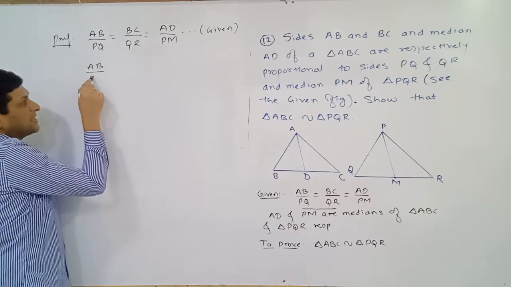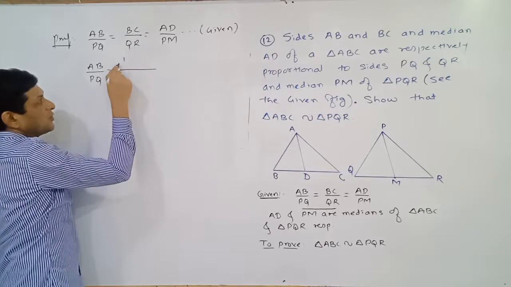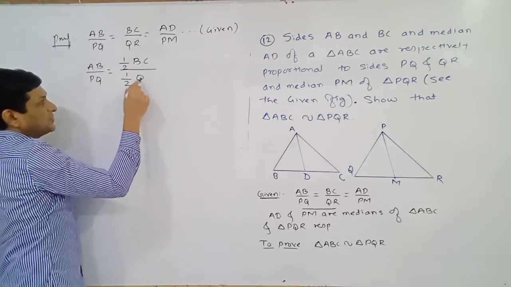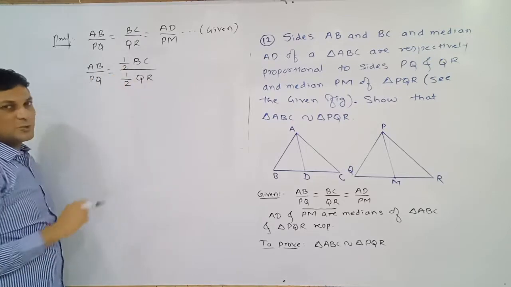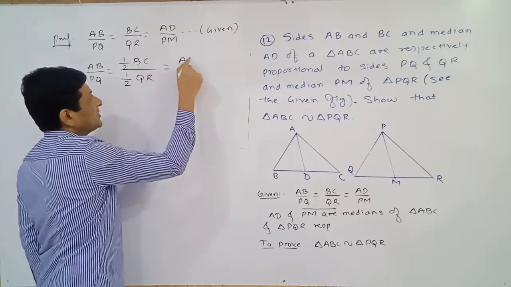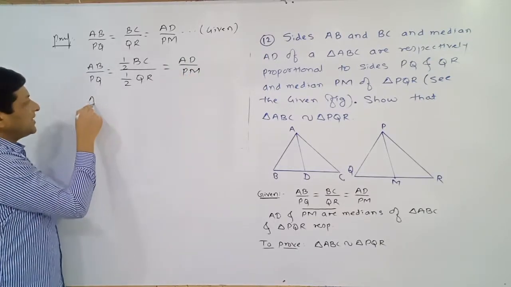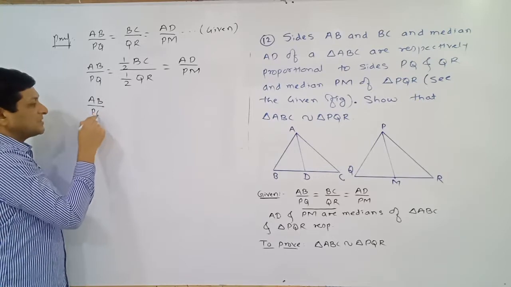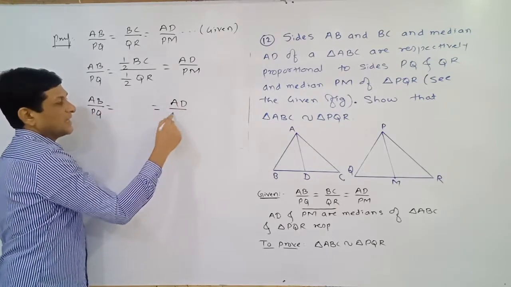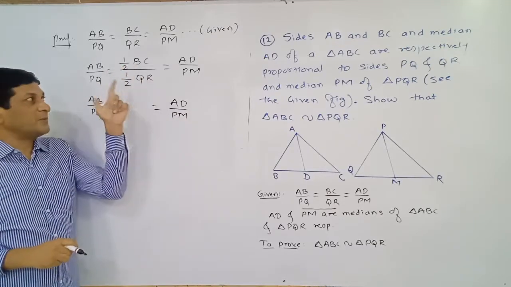For BC upon QR, I am multiplying the numerator and denominator by half, so half of BC upon half of QR. AD upon PM, keep it as it is. So now let us find out what half of BC and half of QR are.